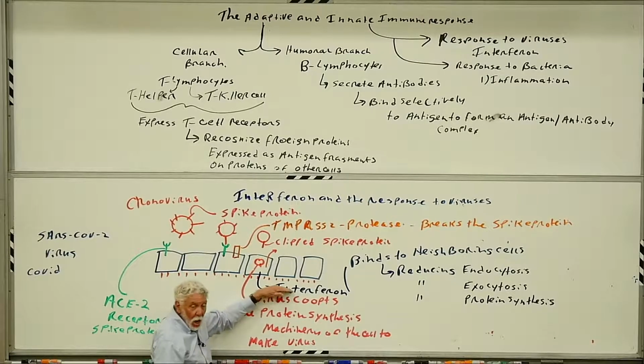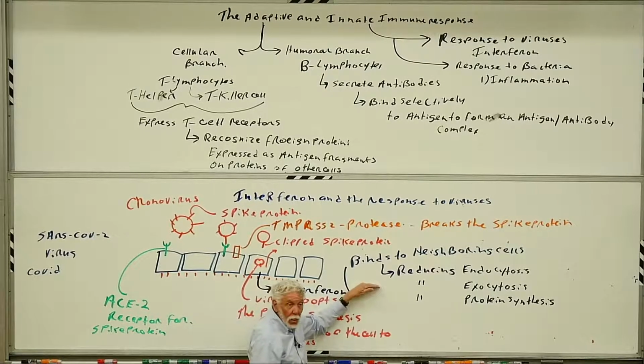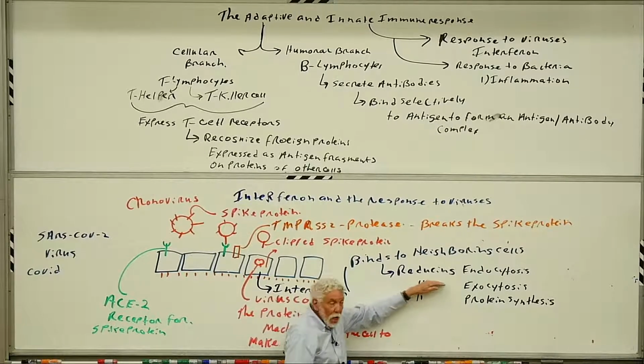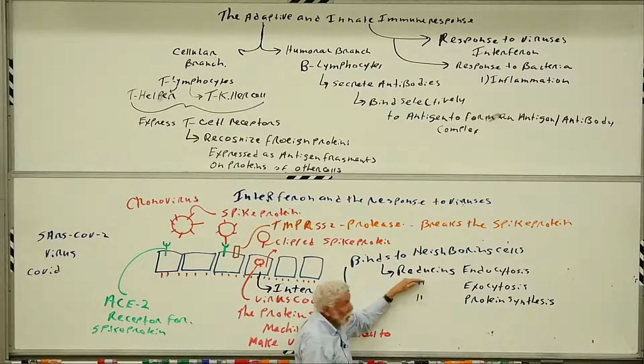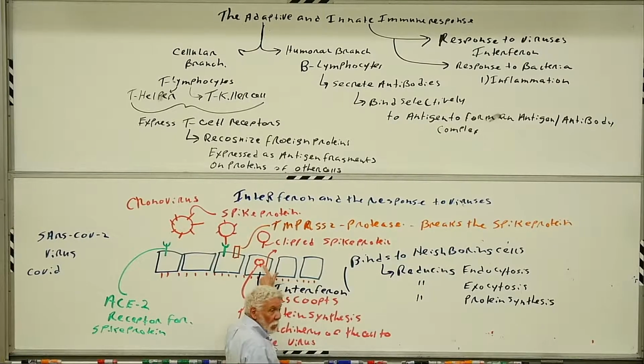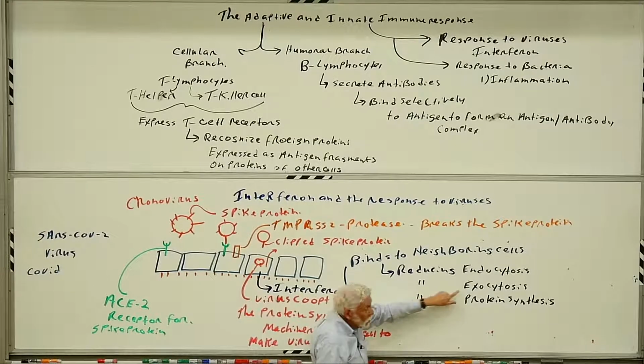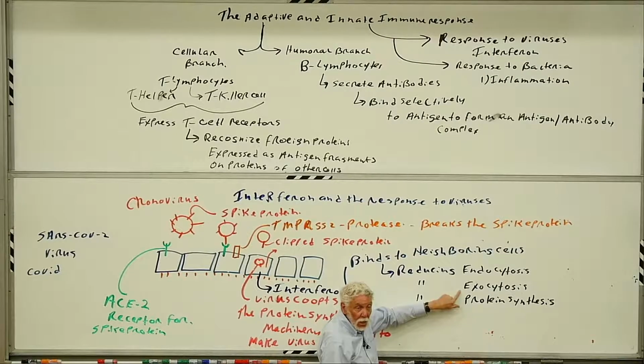But it does that at a cost, because we're now reducing the ability of these cells to endocytose materials. Cells need to do endocytosis to stay alive. But we're slowing it down because there's this threat in the neighborhood. We slow down exocytosis because this is how the viruses are going to escape from the cells.